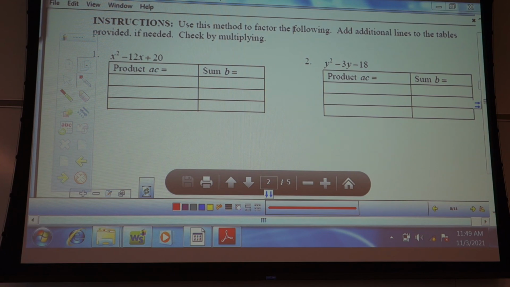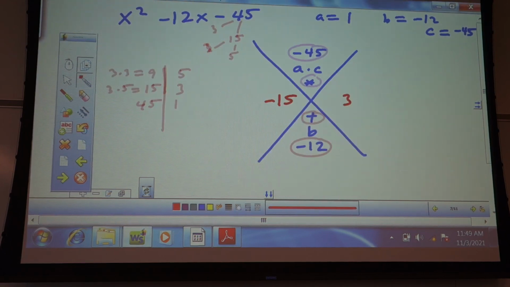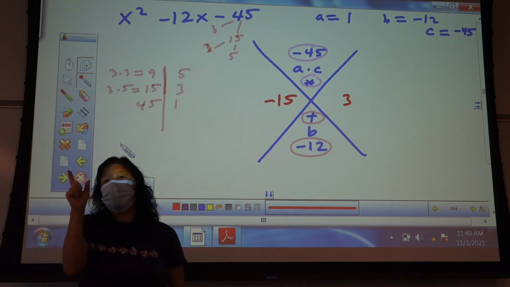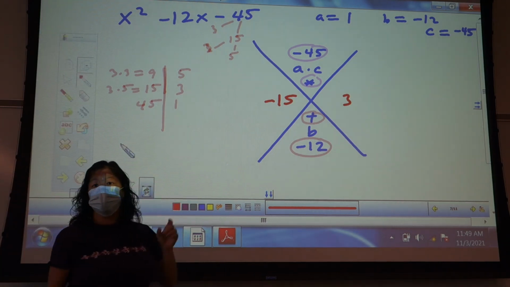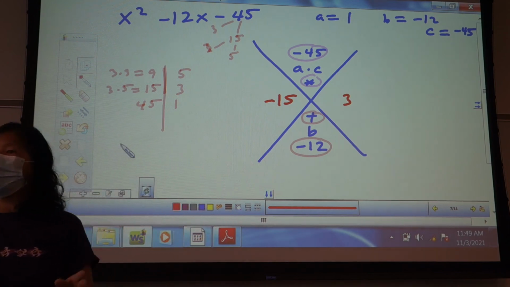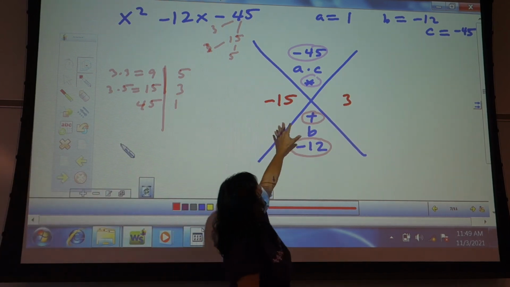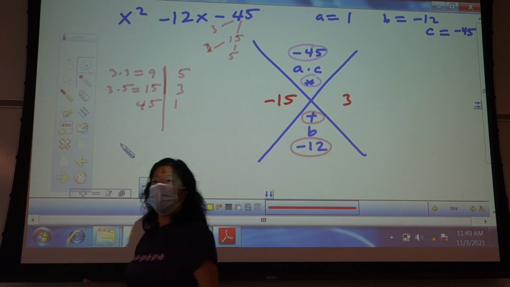I'm going to give you folks one thing. Heads up, if and only if your A is 1, in other words, there's no number in front of the x squared, then once you get to this spot, you have your factors.